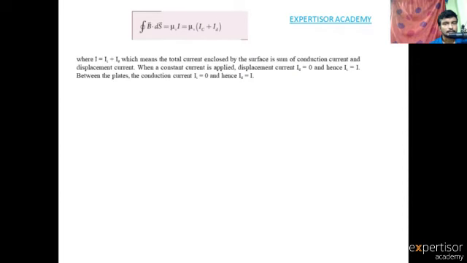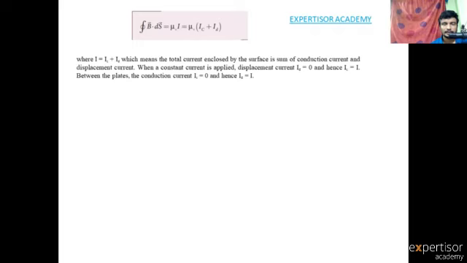So here this magnetic field is equal to mu naught I, that is equal to mu naught into IC plus ID, where I is equal to IC plus ID, which means the total current enclosed by the surface is the sum of conduction current and displacement current.